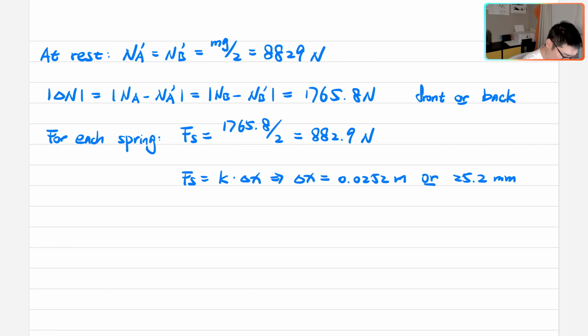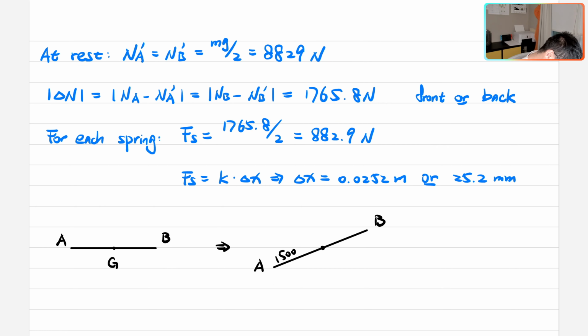Okay, now let's find out the angle here. We started with A and B, and the center at G. This is where we started. And when we accelerate, I'm going to exaggerate here. This is your A and B, and each is 1500 millimeter, front and back.